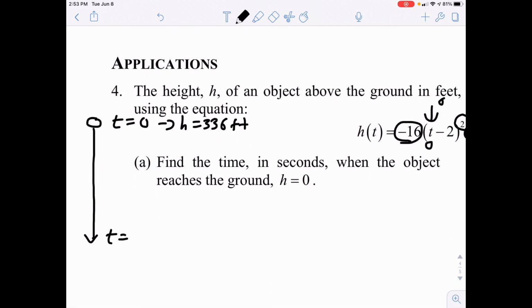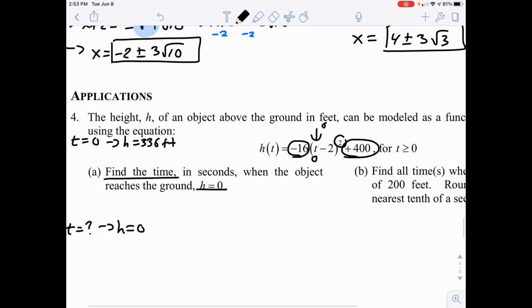At some time later, which you're trying to find, the height is 0. The ground is 0. So what you're going to do is write down this function, negative 16 times t minus 2 squared plus 400, but you're going to set that equal to h equals 0.